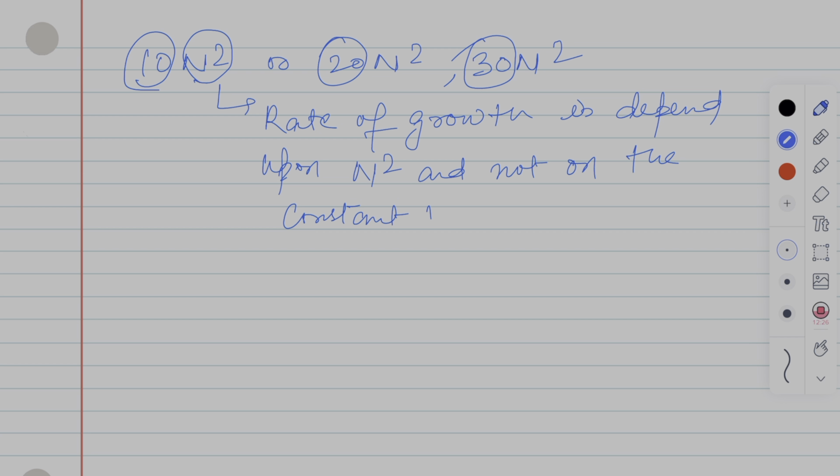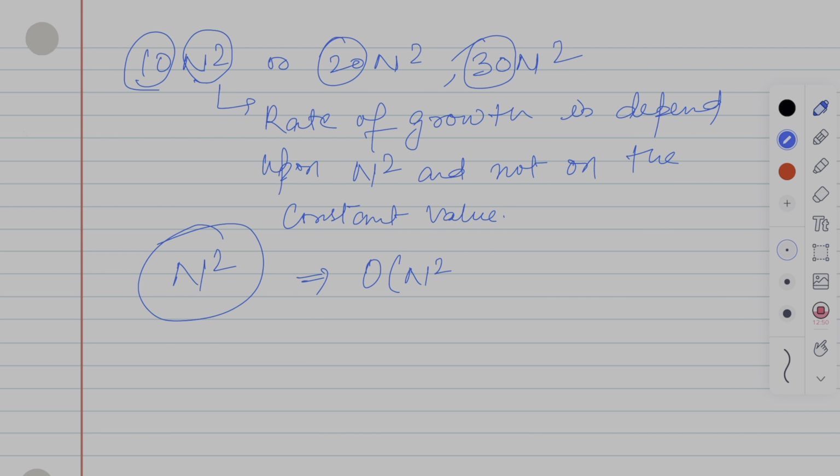That's why we need to remove the constant as well. And after removing, we found the most dominating term in the equation, which is the highest order term. And that's why we select this as the main thing for deciding the time complexity of the algorithm. And we can say that the time complexity of this algorithm is big O of n square.